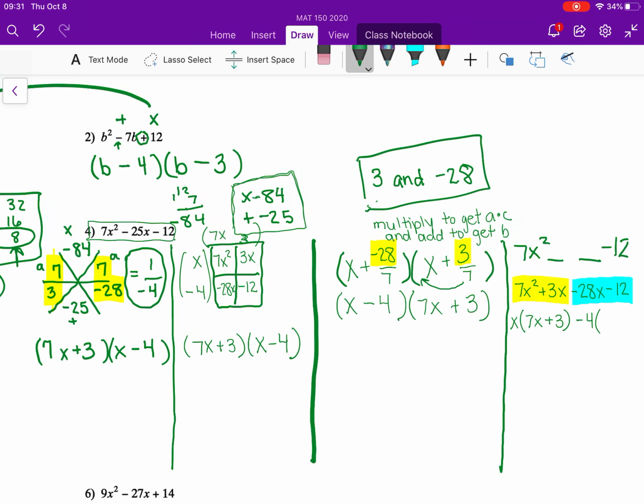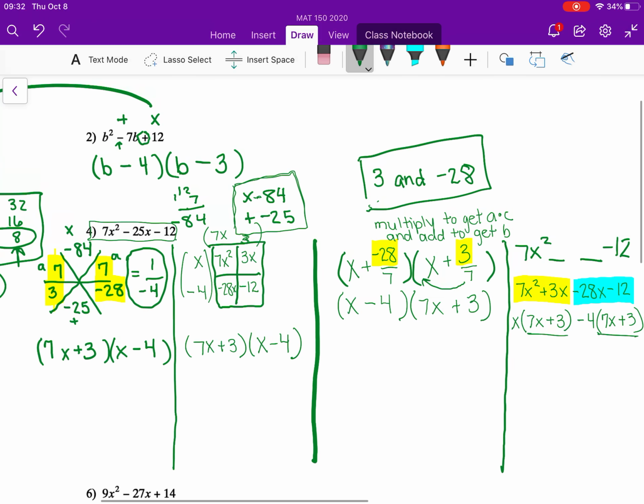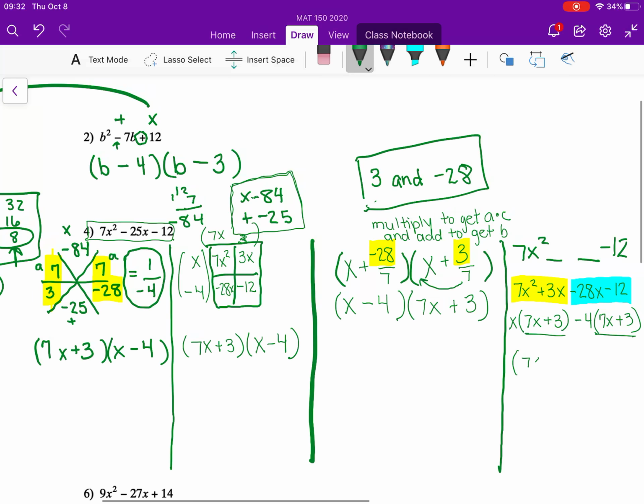Okay, what are my leftovers? So if I undistribute that negative 4, what am I left with? 7x plus 3. If you do this correctly, these two should always match. Okay, and that is one of your factors. And your other factor is what I call the leftovers. So in this case, x minus 4.